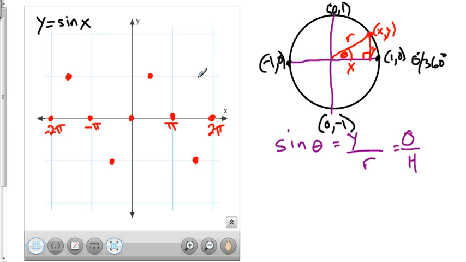Hopefully, working with this graph a little bit, we can start to see what our sinusoid is going to look like. This is a periodic function with a period of 2 pi. It's going to start here, and again, this goes on and on forever; we're only looking at it from negative 2 pi to 2 pi. And here is our graph of y equals sine x.